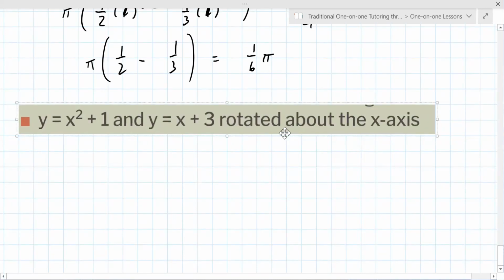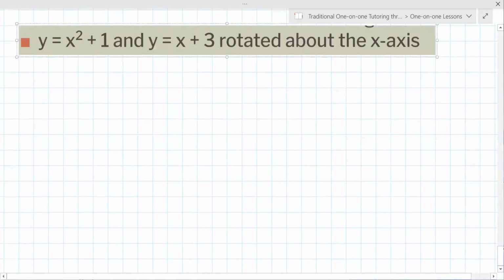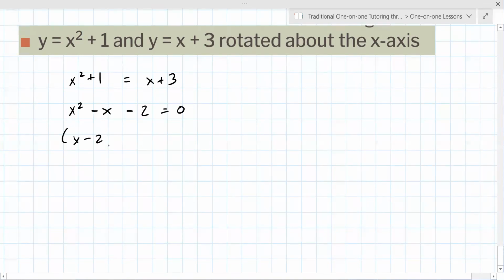Okay, the region between these two curves about the x-axis, so the first step is to set them equal and figure out, if you don't have a graph, where they intersect. So we'll subtract x from both sides, subtract 3 from both sides, factor, and x equals 2 and minus 1.